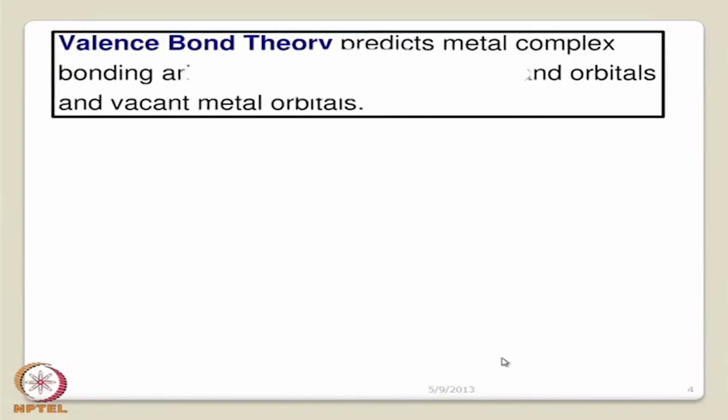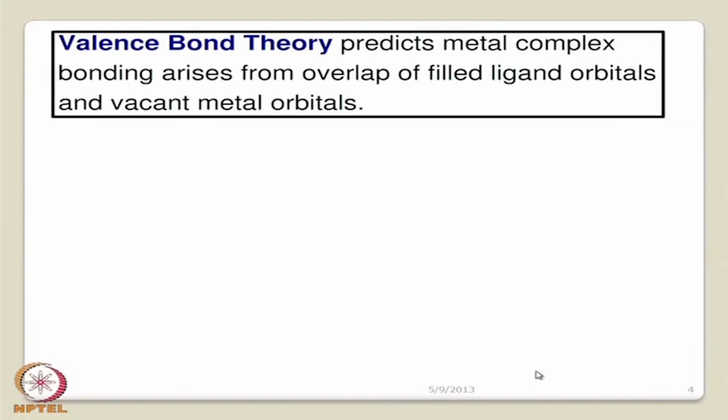This valence bond theory therefore predicts the metal complex bonding which arises from overlap of filled ligand orbitals and vacant metal orbitals. The hybridized orbitals forming there, like sp3 or d2sp3 or sp3d2 type, are all vacant, so they are hybridized vacant metal orbitals.